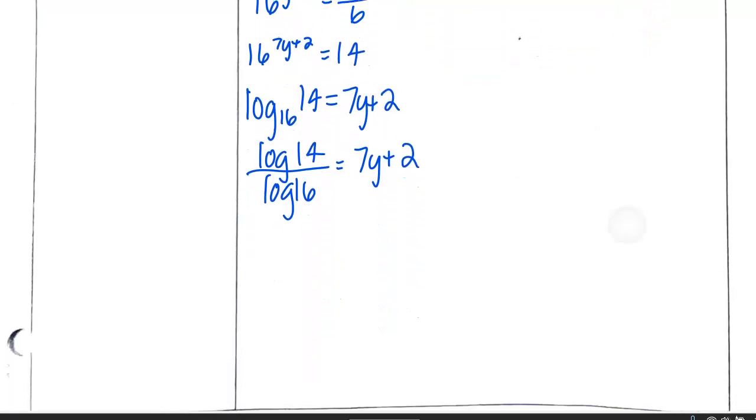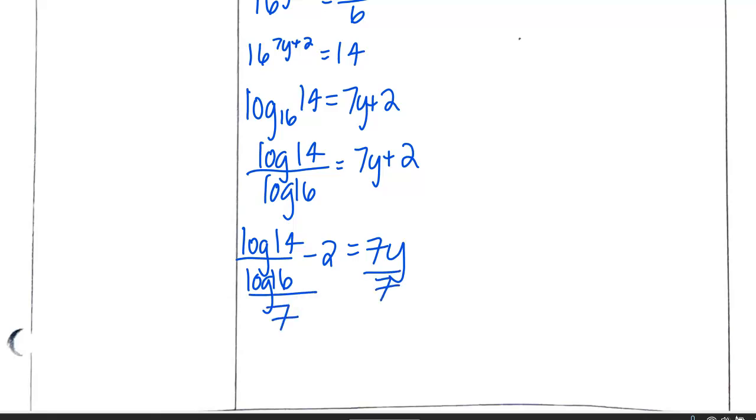If you want to keep writing this as logs, where your answer contains log, which I am fine with, then we would subtract 2 from both sides. So we would have log 14 over log 16 minus 2 equals 7y. Then we're going to divide the whole thing by 7. And so this would be your answer for y if you kept it in terms of log.